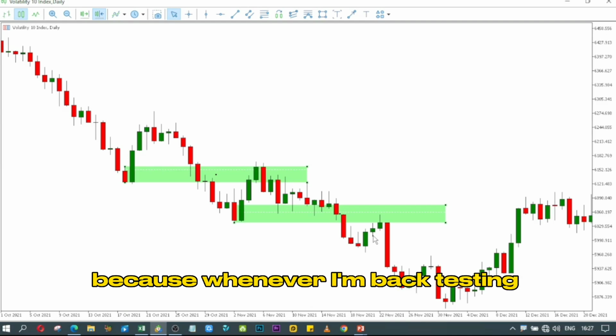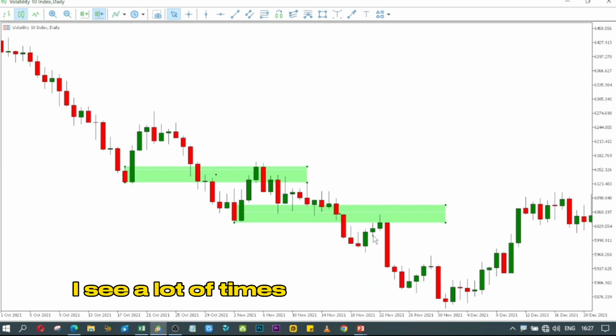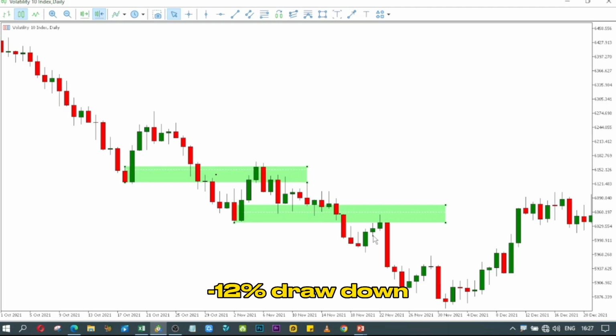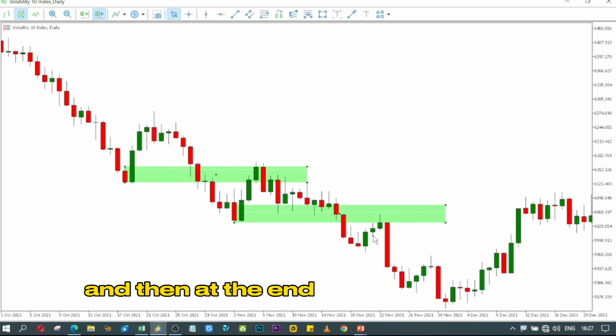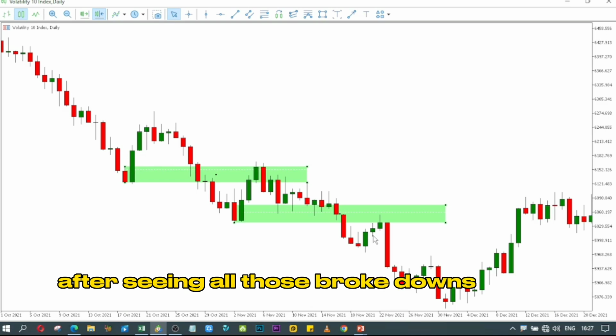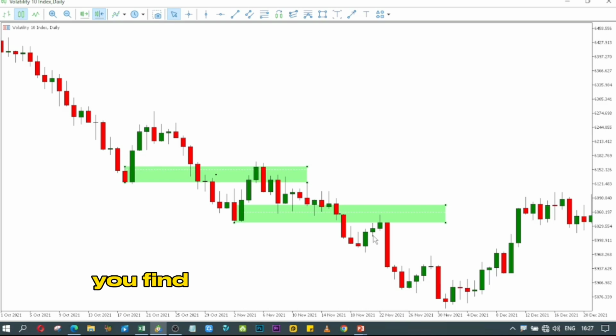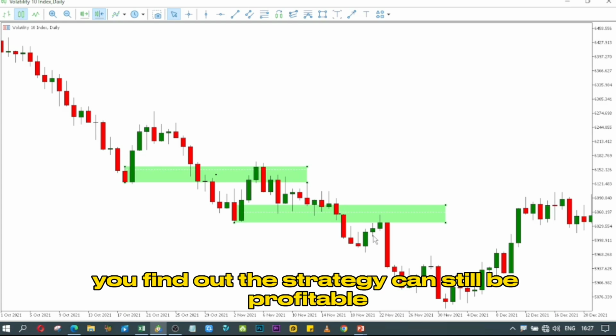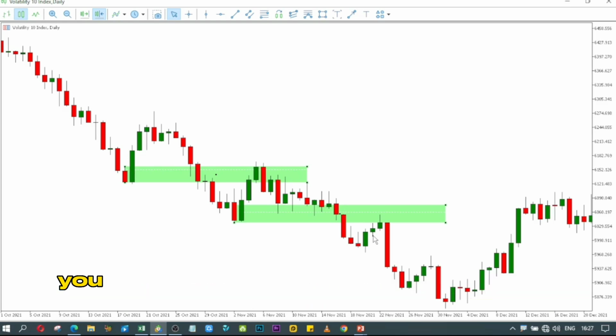Because whenever I'm backtesting strategies, I see a lot of times a strategy can lose 4, 5, 6 times in a row, can create a minus 10% drawdown, minus 12% drawdown, and then at the end of the backtest, you still can find that strategy being profitable. After seeing all those drawdowns and all those losses, you find out the strategy can still be profitable. So you need to follow the strategy. You need to have patience to wait for the market to come to you before you place a trade.